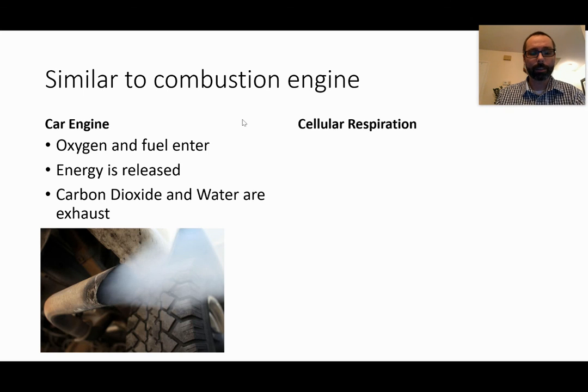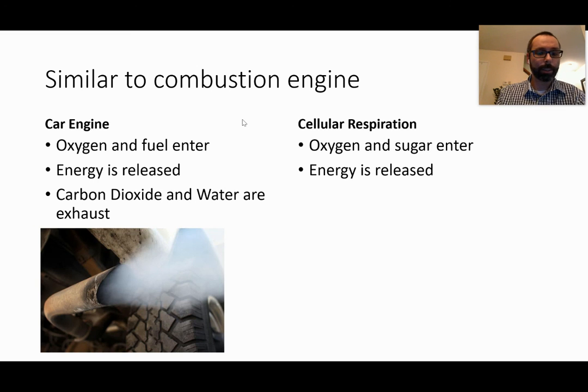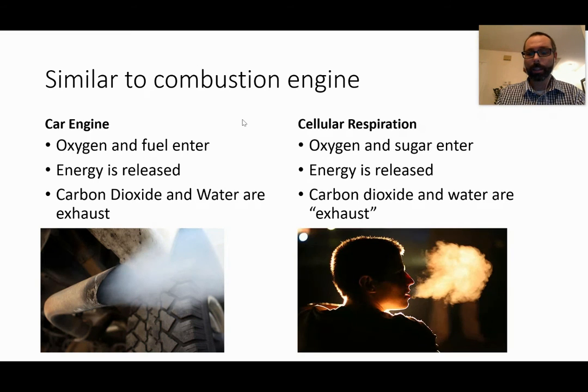This is the exhaust. In your body, you also put fuel, but the fuel isn't gasoline, now it's sugar. And you still get a bunch of energy that is released, and you still produce exhaust. You can't see the exhaust because usually it is invisible because it's a gas.